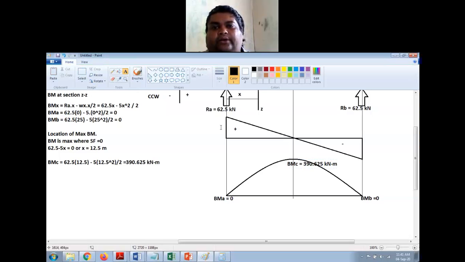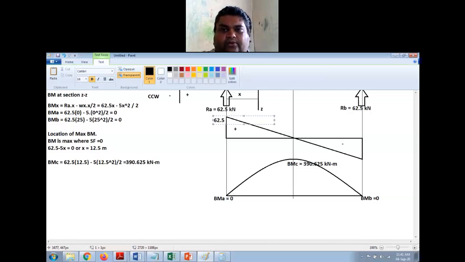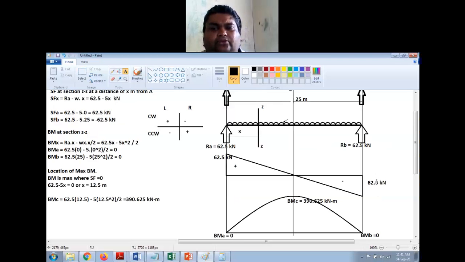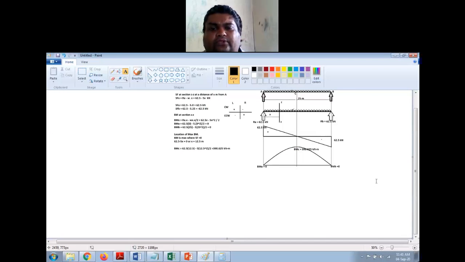Similarly, here you can write the value of shear force as 62.5 kilonewton, and here also it is 62.5 kilonewton. Since I have shown a negative sign here, I don't have to explicitly write it as minus 62.5 here. Okay, please don't write minus 62.5. In the negative direction, it already means that it is minus 62.5, right? So this is the solution for the numerical.